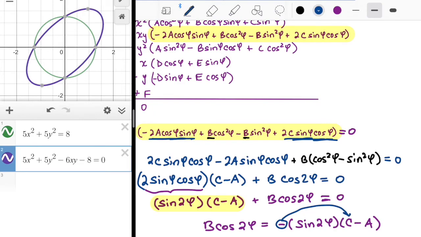Then I'm going to take that negative and distribute it to each term here. If you distribute it, it becomes negative C plus A, but that's the same as saying A minus C.